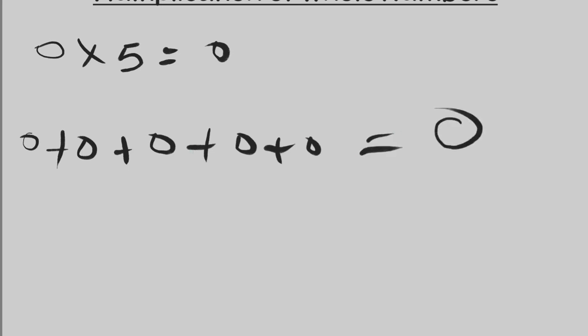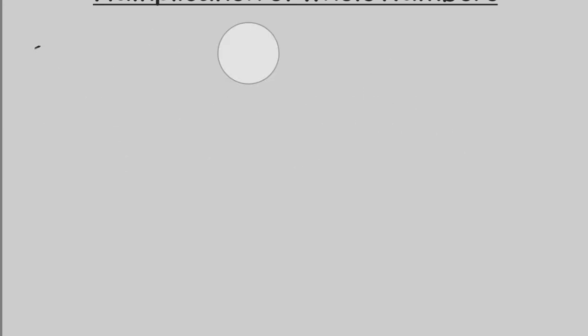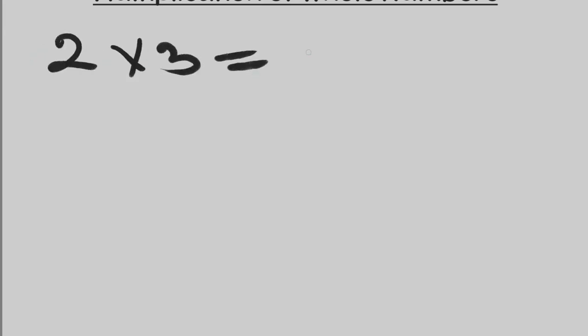That's what that times really means: to add something x number of times. Do we understand that? Now that we understand that, we can go to a more advanced version. When I say 2 times 3, what is 2 times 3? I know 2 times 3 is 6.